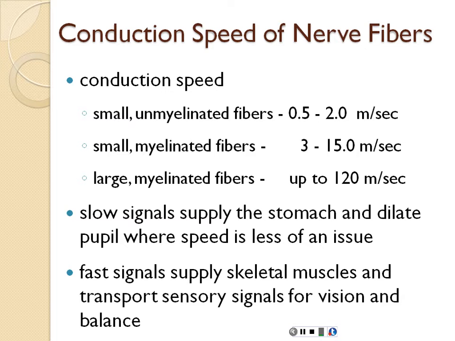And then the fast signals supply skeletal muscle and also transport the sensory signals for vision and balance. So it's obvious then that when you look at something, you see it instantly. It doesn't take a few seconds to get the signal to the part of your brain. So it's important for those signals to be fast. Also skeletal muscles, that's how you have precision.